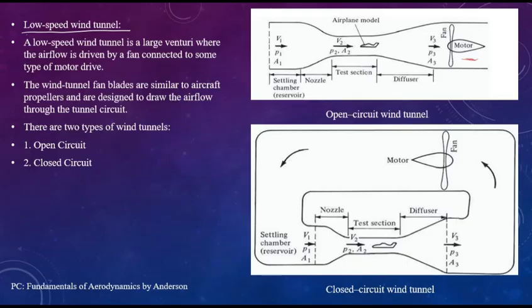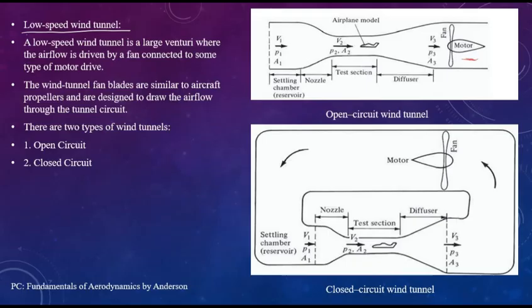Now, in both the cases, you can see over here in the open circuit wind tunnel, you have a settling chamber, then the nozzle, then the test section, and then the diffuser. Similarly, in the closed circuit wind tunnel as well, this is the settling chamber after the motor and the fan. This area would be your settling chamber, nozzle, test section, diffuser.